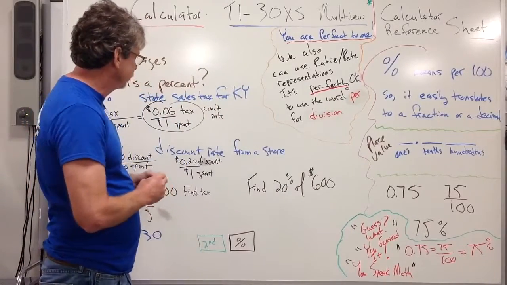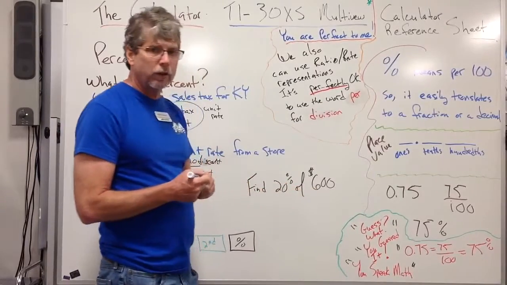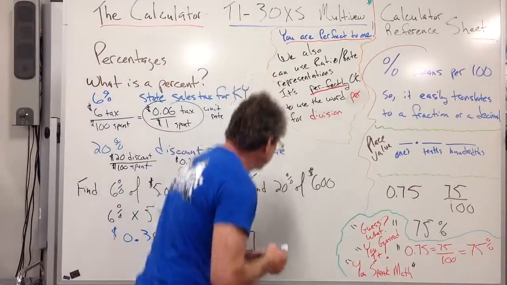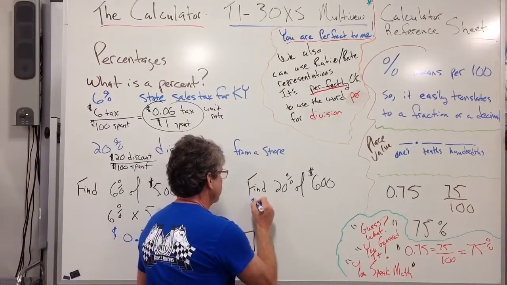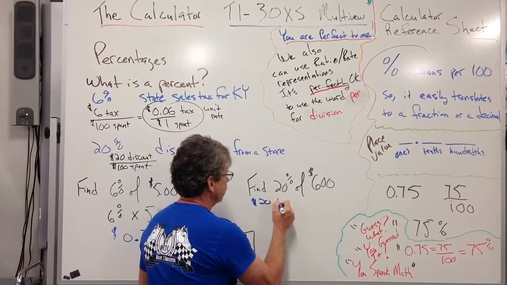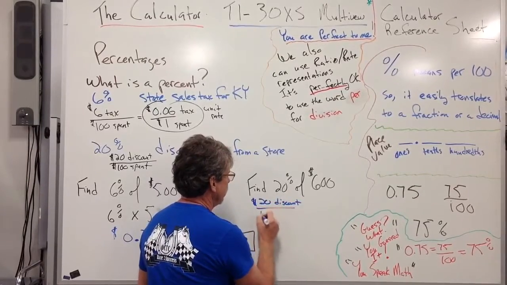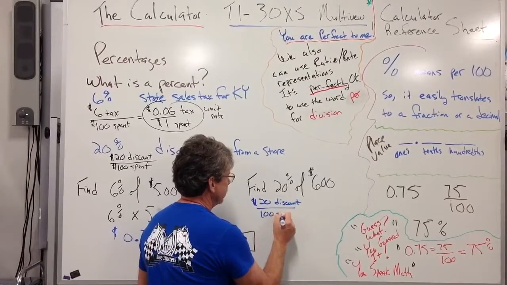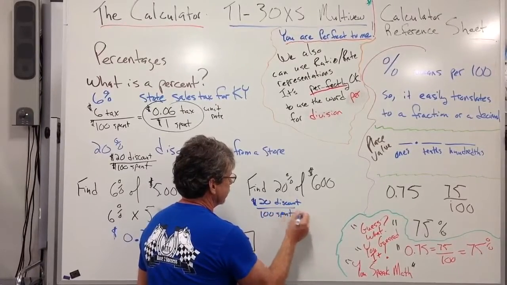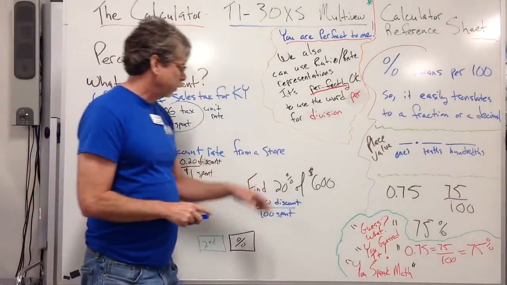So let's look at this discount. 20% of 600. What that kind of means is you're going to get a $20 discount for every $100 that you spend. So that's what 20% means in this particular example.